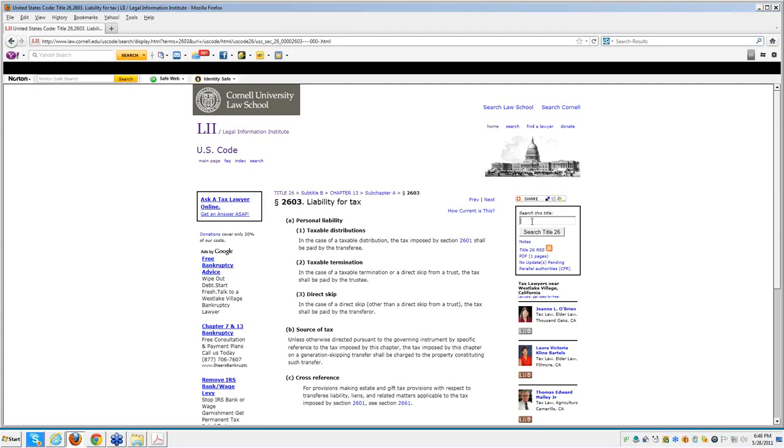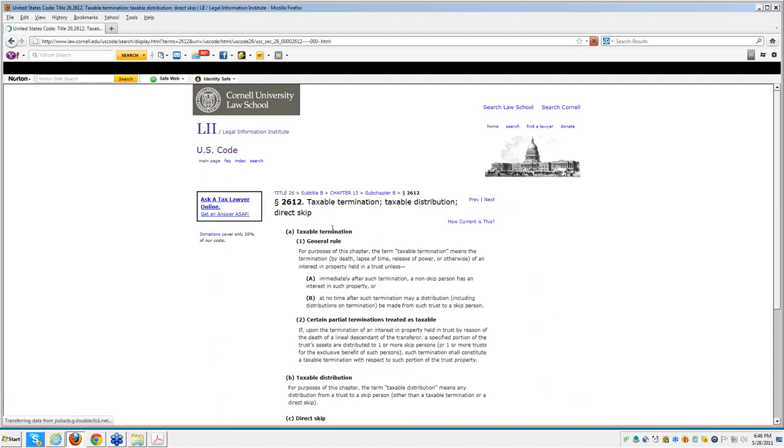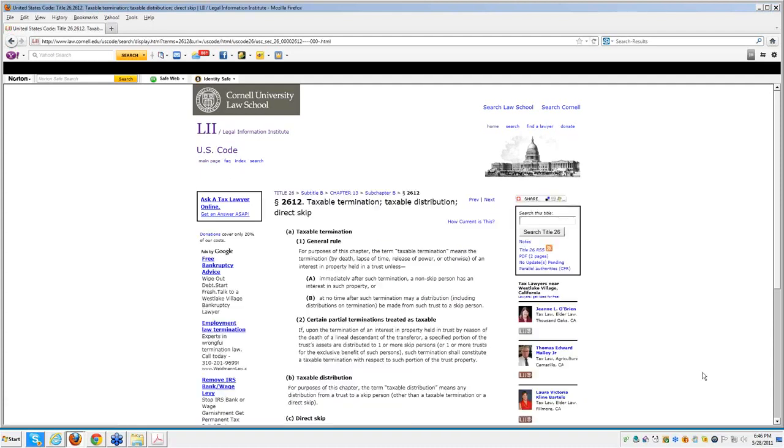And so we're going to go to 26. You need to write this down. This defines each one of these terms, and we're going to look at these definitions. Okay. What does that say a taxable termination is? Taxable termination general rule.